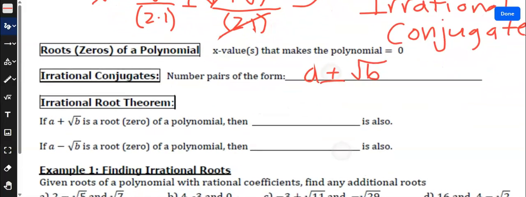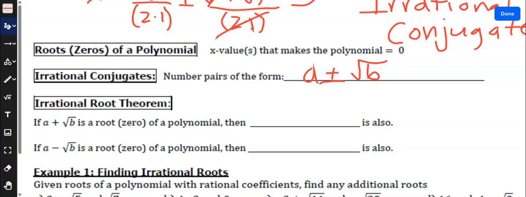Now, what's the irrational root theorem say? The irrational root theorem says if you know that a plus radical b is a solution, one of the zeros, one of the roots, then we automatically know that a minus radical b is also a solution, or a root, or a zero. And I know it can be called a zero, an x-intercept, because it's real.